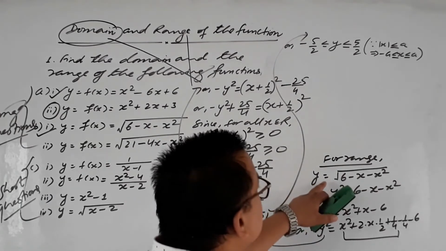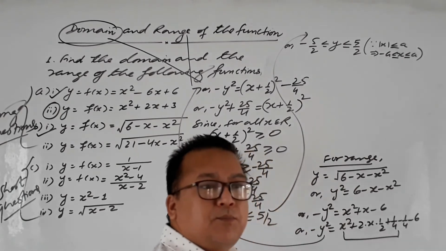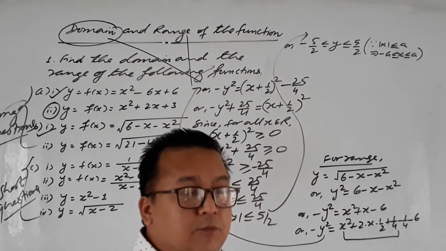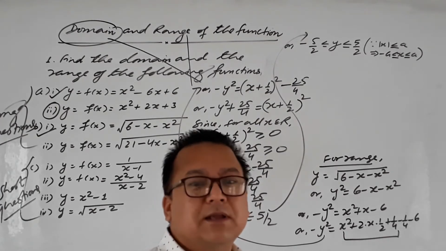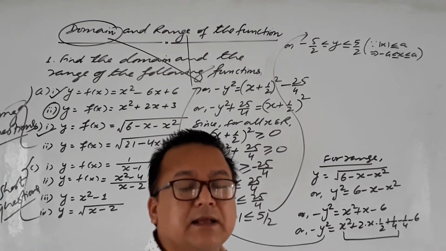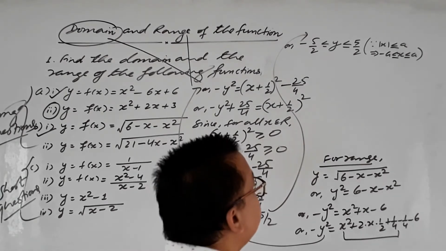But what do I see? Y is the positive square root of this one. If y is already the positive square root, then we can't get negative values for y.